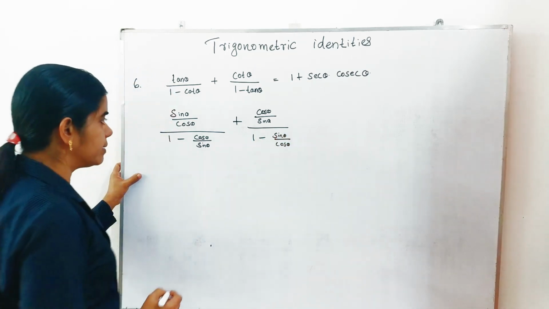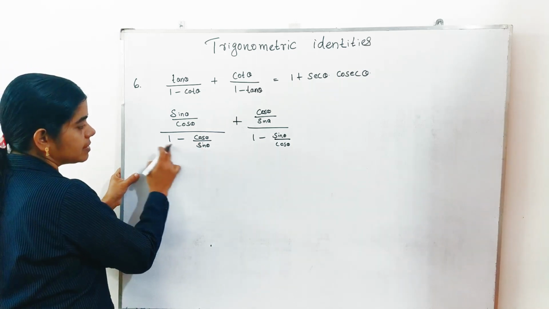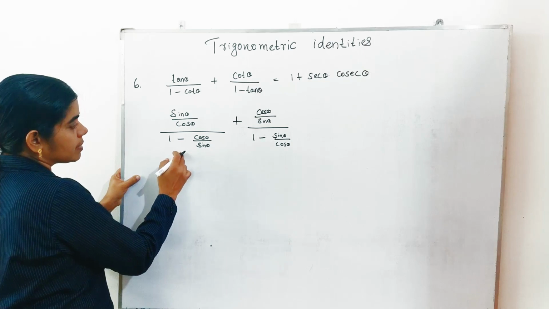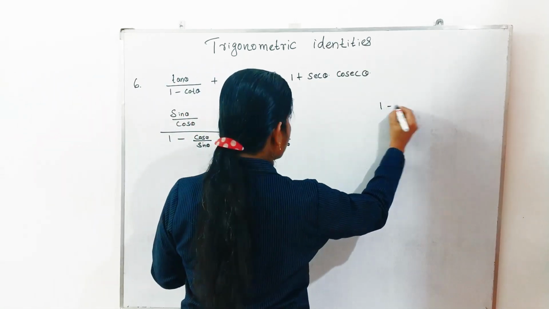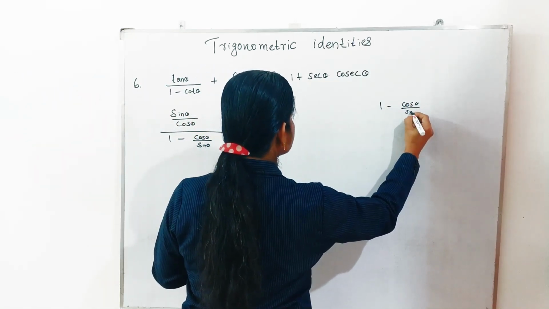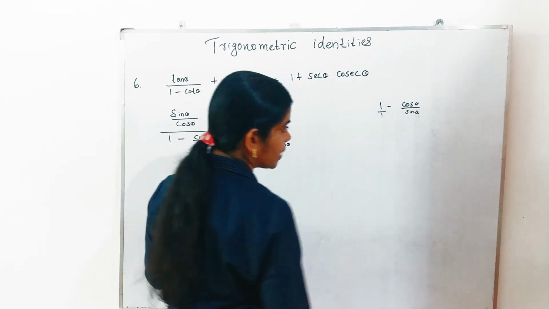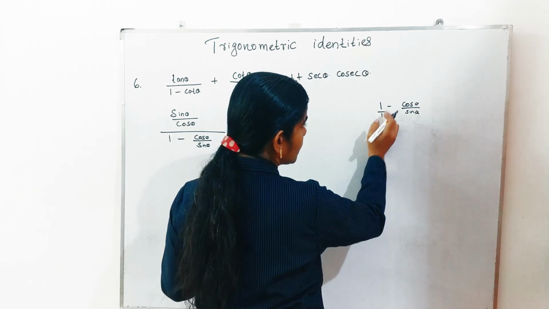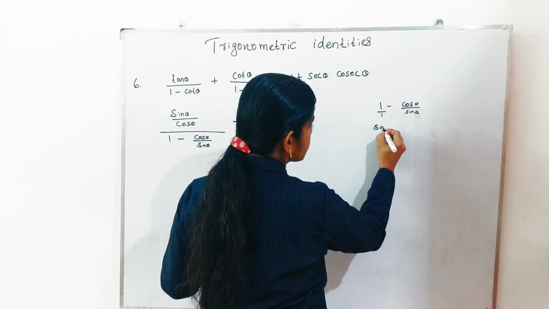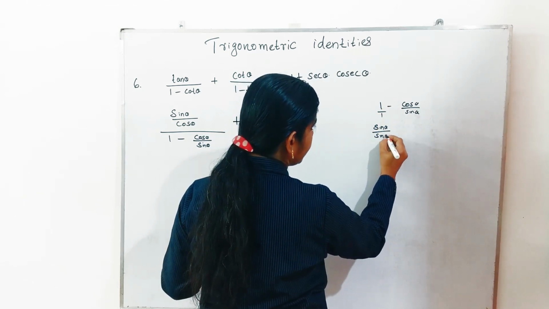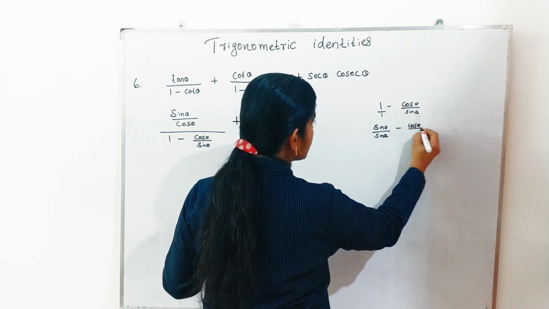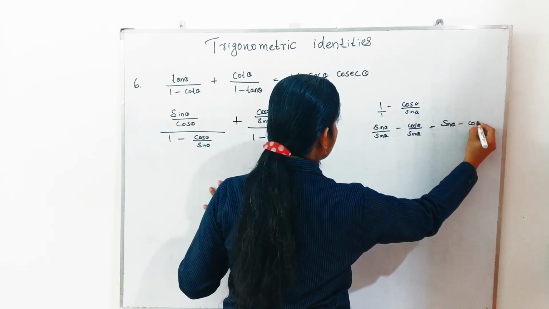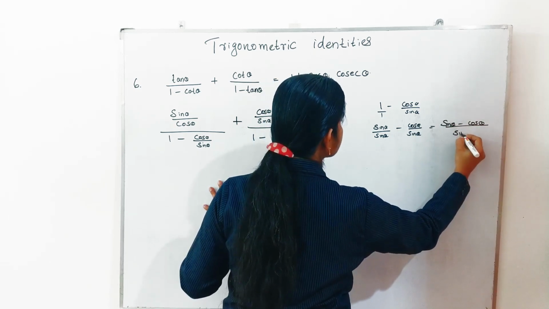We already wrote this. Then if you simplify this, how will you get 1 minus cos theta by sin theta? We will write 1 as 1 by 1. So the LCM will be sin theta. So we multiply here sin theta by sin theta, minus cos theta by sin theta. So this will be sin theta minus cos theta by sin theta.